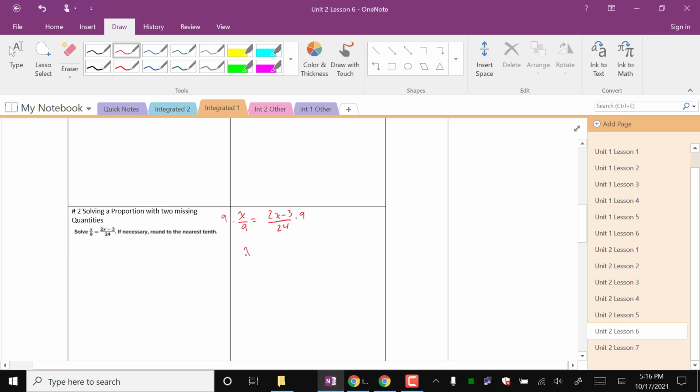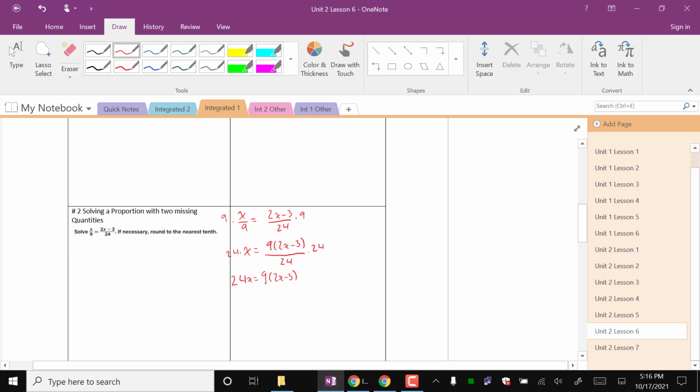So I get x equals 9 times 2x minus 3 divided by 24. But I have an x on this side, so I want to get rid of that divide by 24. So I'm going to multiply both sides by 24. So I get 24x equals 9 times the quantity 2x minus 3.